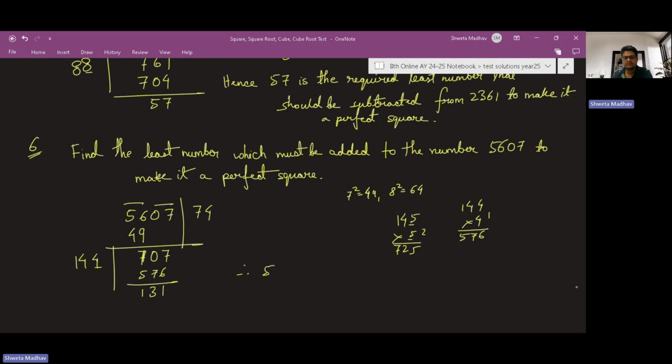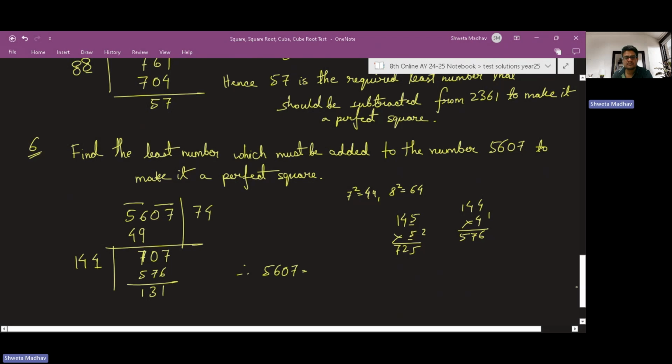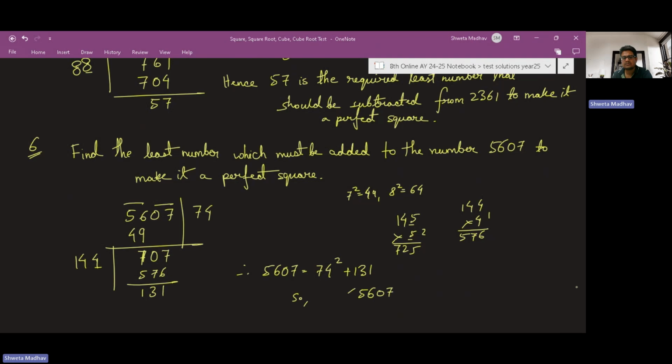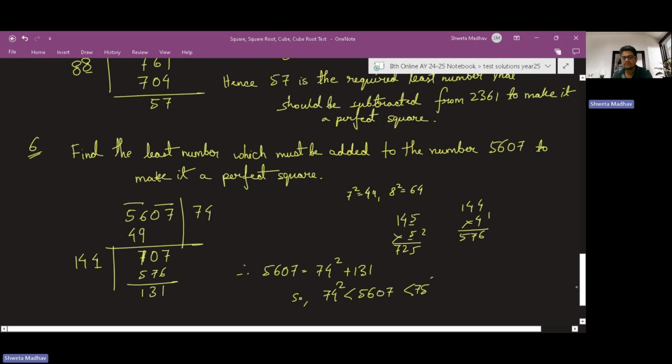Therefore, I can say that 5607 is 74 square plus 131. So it means that 5607 is a number which is just more than 74 square but less than 75 square.